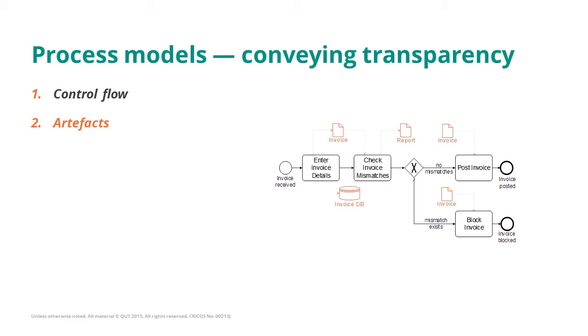In this perspective, we represent what we need to work on. Essentially, we represent the objects, either physical objects like an invoice on a piece of paper, or information artifacts like a purchase order over email or in PDF, that have to be manipulated as part of this business process.